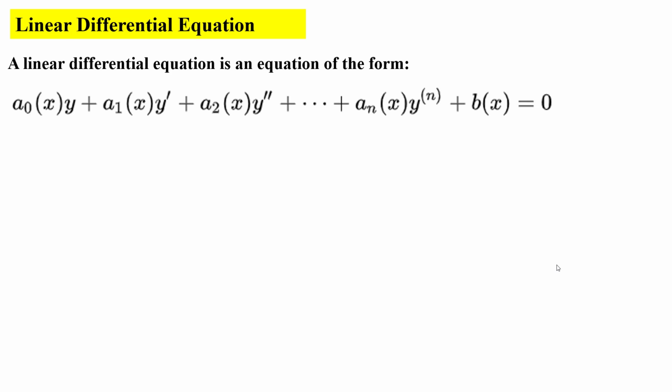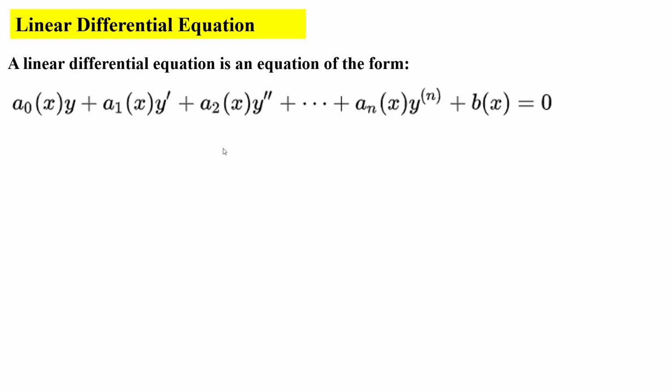The first classification is linear and nonlinear. A linear differential equation means the dependent variable, the y, is never multiplied by its derivative, you never take a square root of it, and you'll never see something like sine of y.